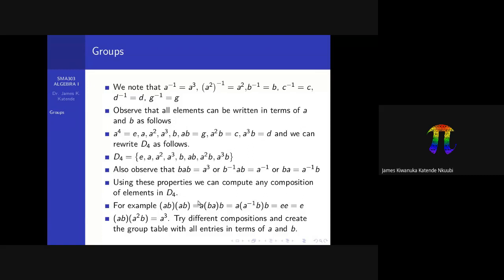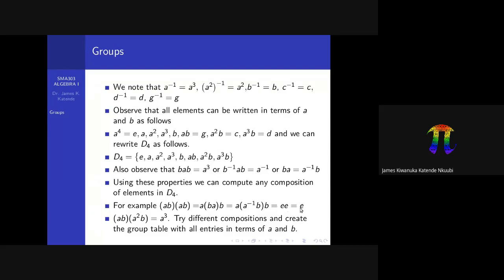We did an example yesterday. Here we shall multiply AB with itself. If you multiply AB with itself, it's the same as A, BA, B. Since composition of functions is associative, I can put my brackets anywhere I want. I know BA is the same as A inverse B, so using this, I can replace BA with A inverse B. If I multiply A by A inverse, I will get the identity, and B is its own inverse, so B multiplied by B will also give me the identity.